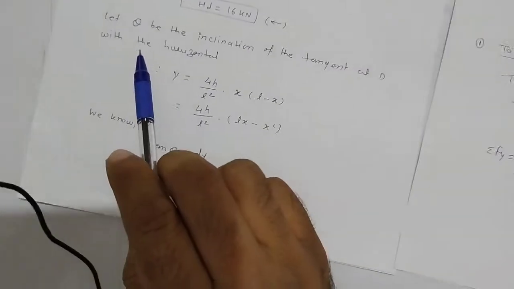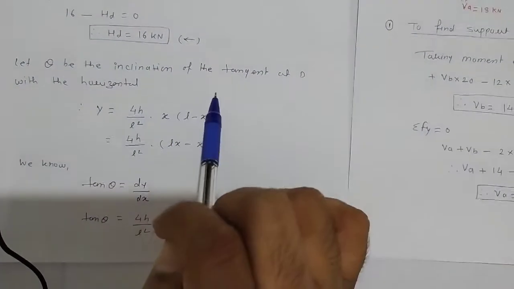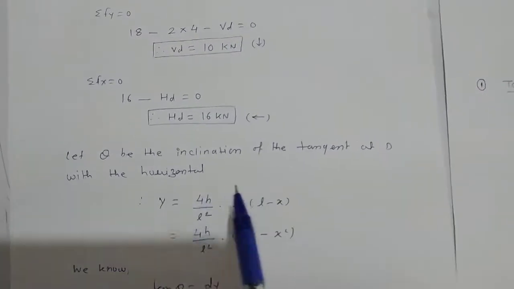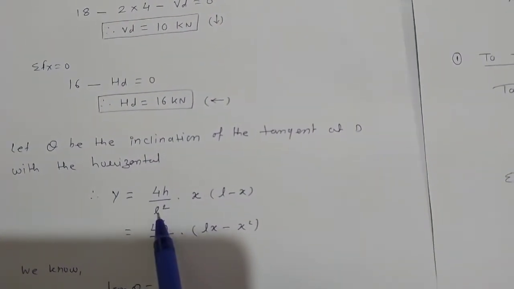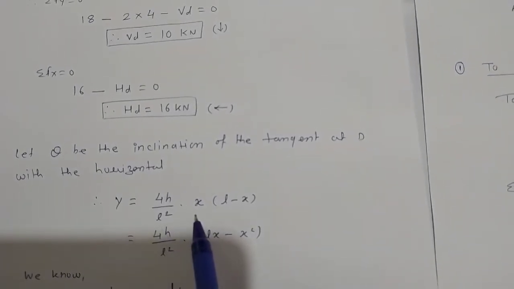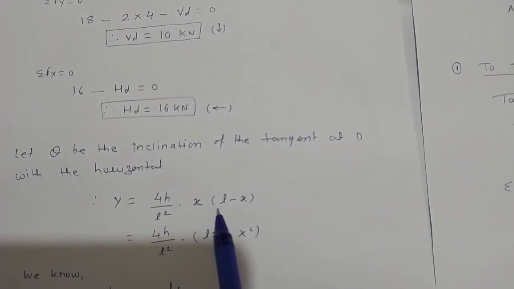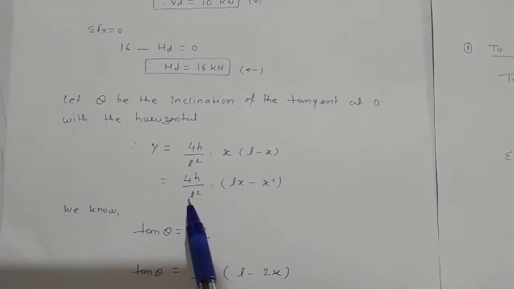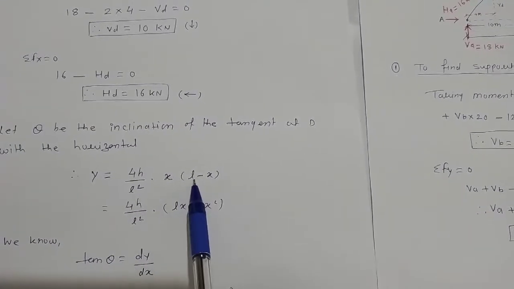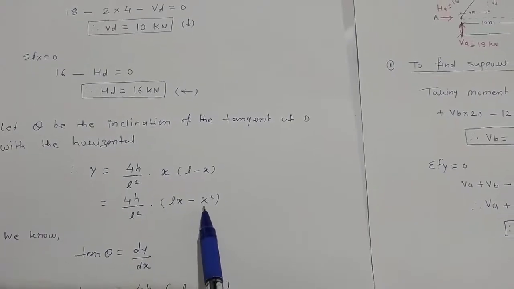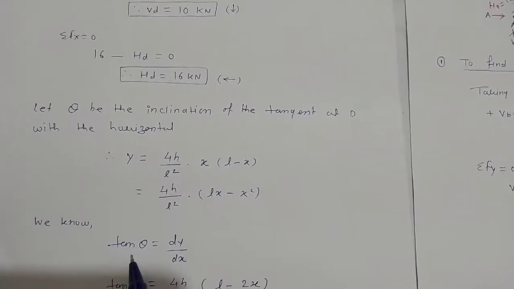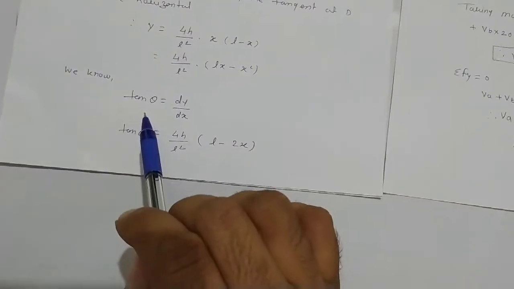Now let theta be the inclination of the tangent at D with the horizontal. We have the equation y is equal to 4h upon L square into x into L minus x. If I multiply these values, this becomes Lx minus x square. So we know the equation of tan theta.